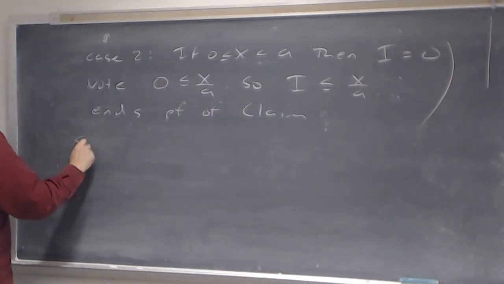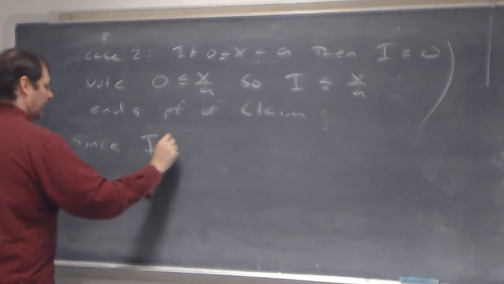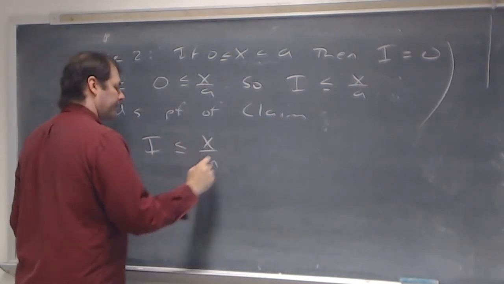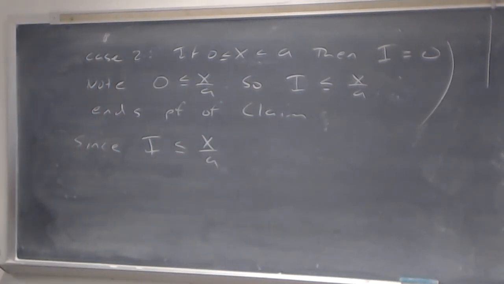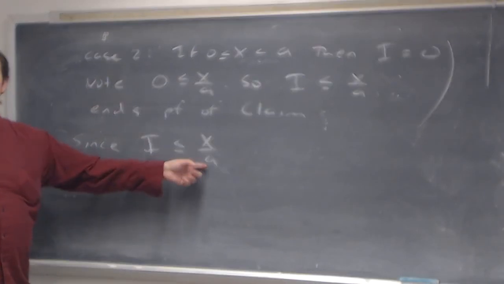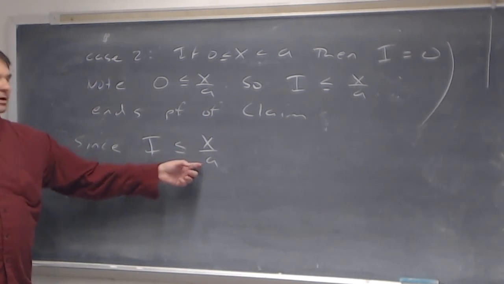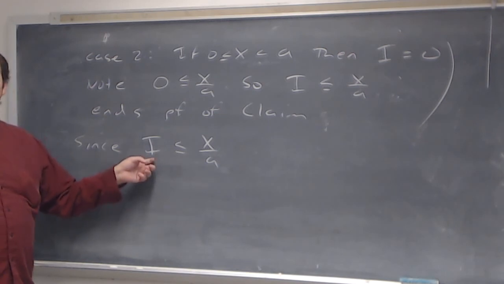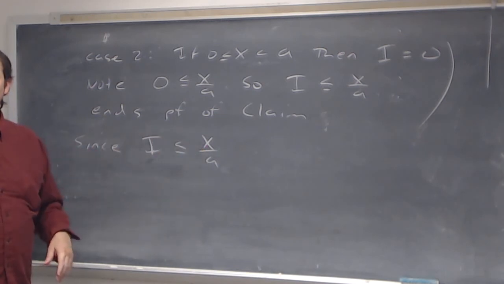So, since I is less than or equal to x over a, look, the output values for this one are always less than or equal to the output values of that one. So if you take the expected value of this one, it's going to be less than or equal to the expected value of the right-hand side.